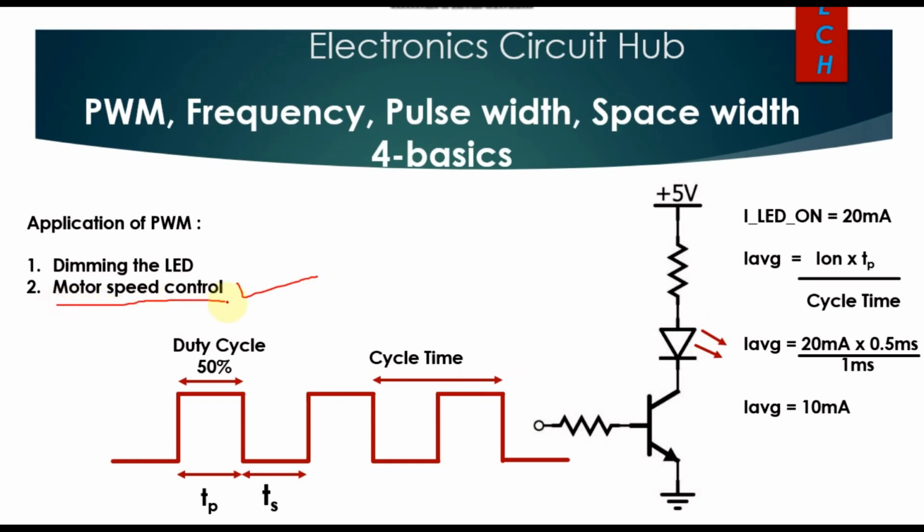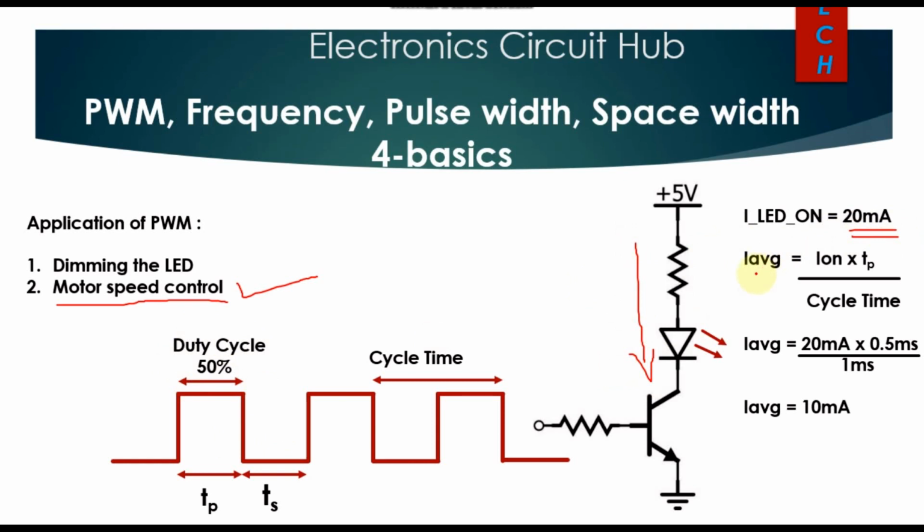Now I will show you one example here. I will calculate the average current for this LED, and I will explain the role of duty cycle. Let's say you have 50% duty cycle, that means you have 50% on time. Let us say the current flowing through this LED is 20 milliampere.